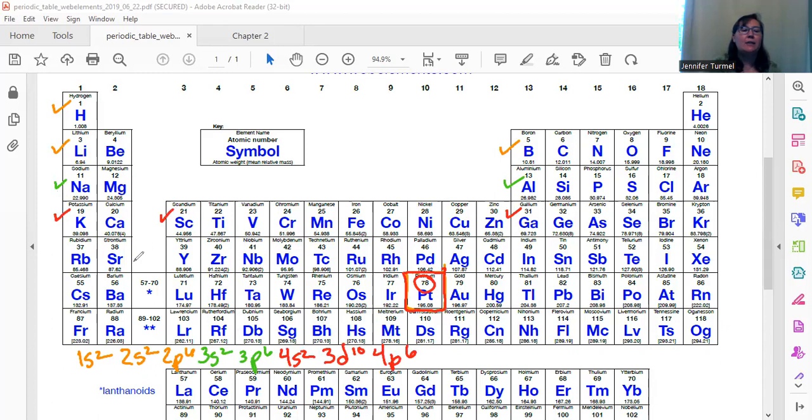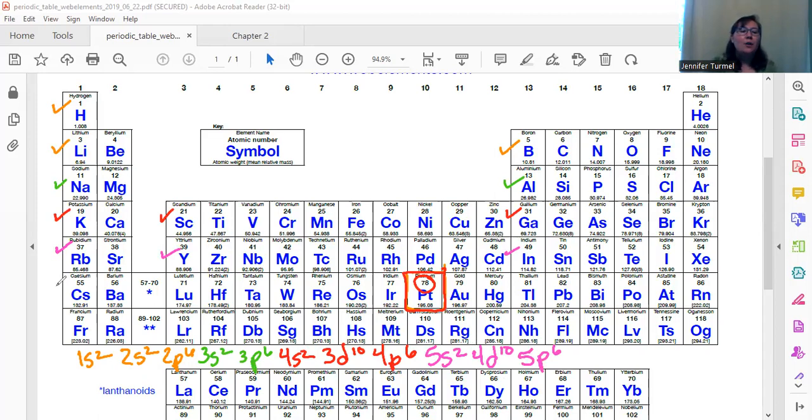I'm keeping going until I get down here. All right, now next we've got this row, and that's going to be 5s2 and 4d10 and 5p6. Look where I'm making the check marks up above.